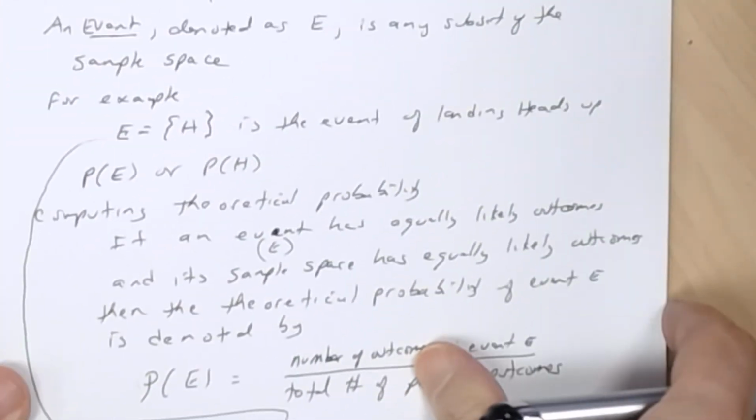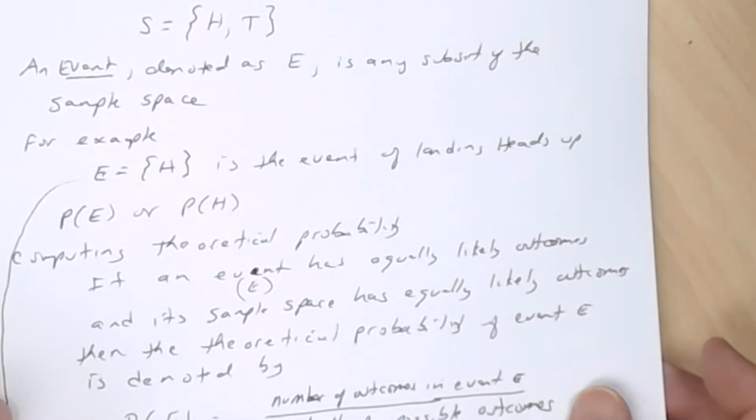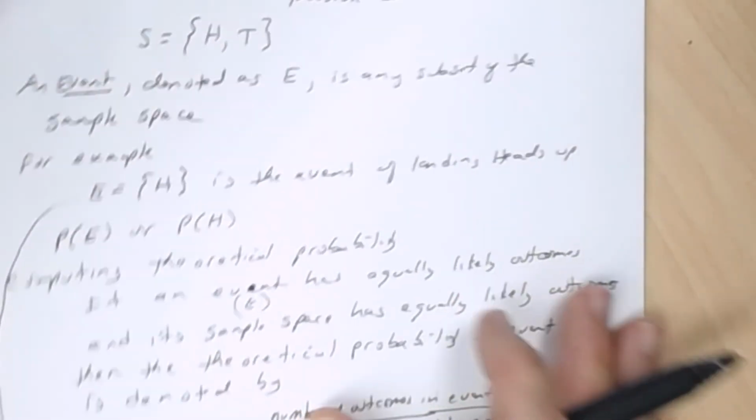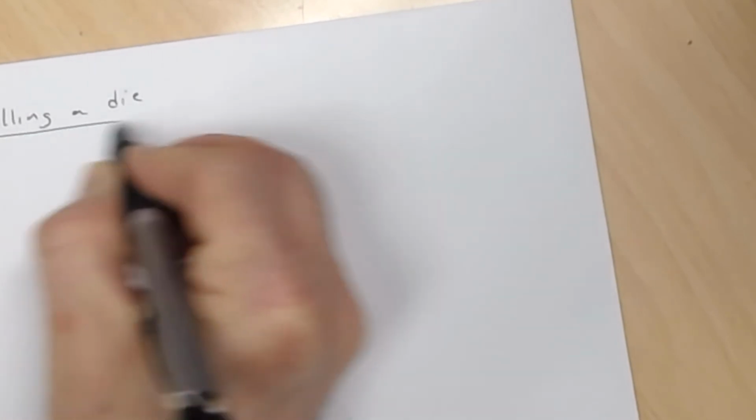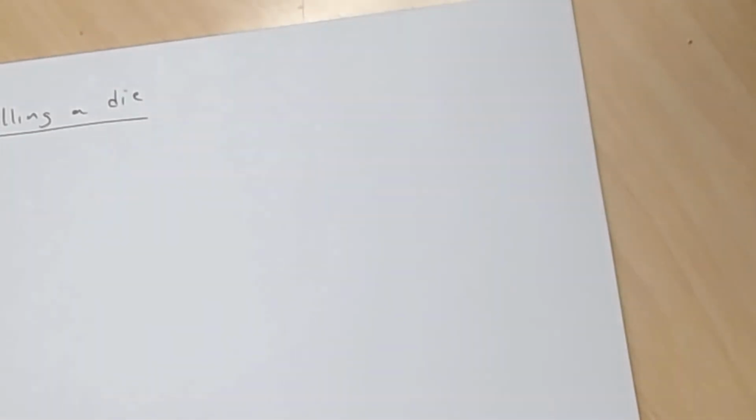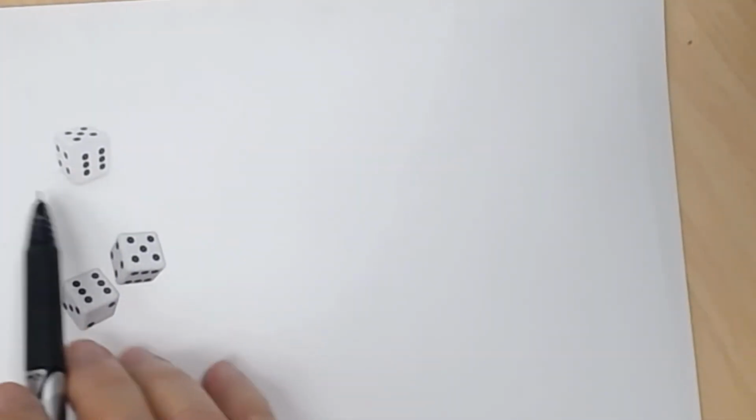Okay, so let's look at another example. In this example, we're going to be rolling a die. Remember what a die looks like. I don't have a physical one with me, but I think you all know what a die looks like, right?